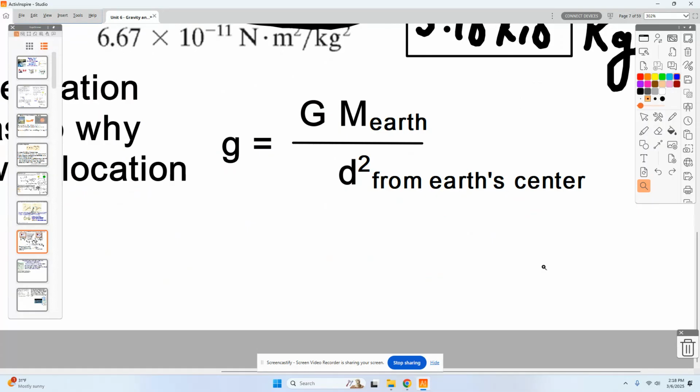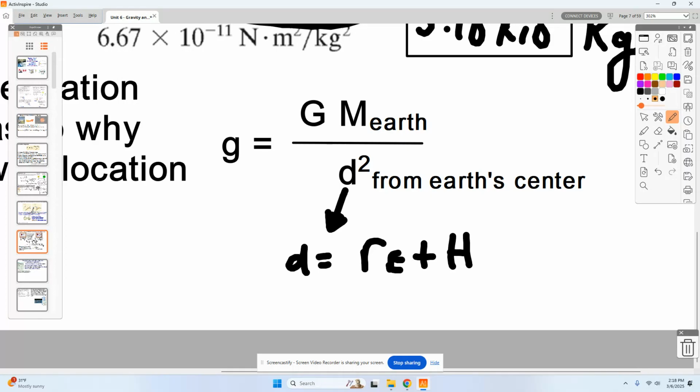So what is the mass of that central body? How far away are we from that central body? Now, I'm going to talk a little bit about what d is here. I've gone through and changed r to d, and I want you guys to realize that d is really equal to the radius of the Earth plus whatever elevation I am from the surface of the Earth.